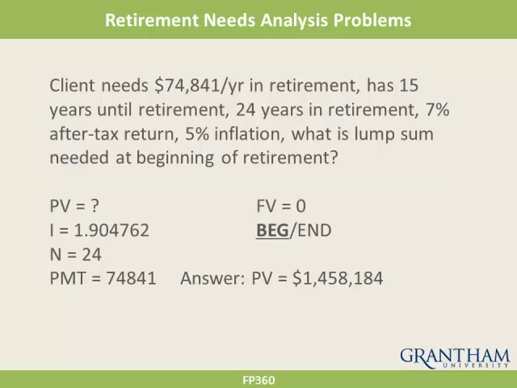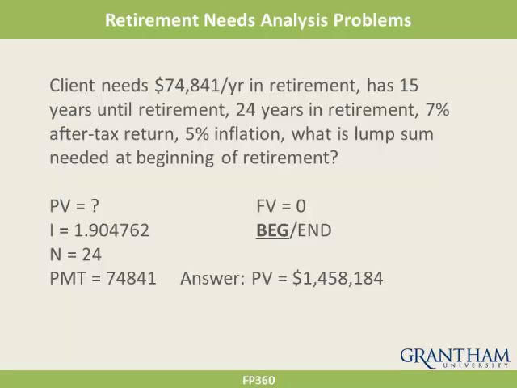And notice here I like to list all the items, so it's best not to just try and read the question and enter the numbers in while you're reading. It's best to create this template of PV, I, payment, FV, and then the beginning or end decision to make sure that you don't make a mistake transferring from reading the paragraph directly to the calculator. You write them down in this template first and then enter the numbers all at once.